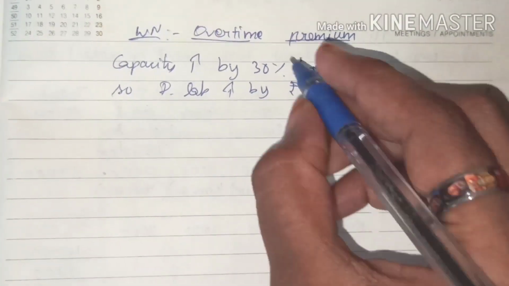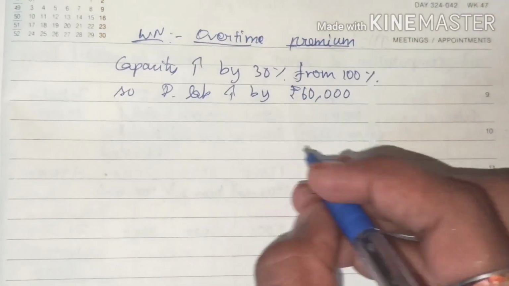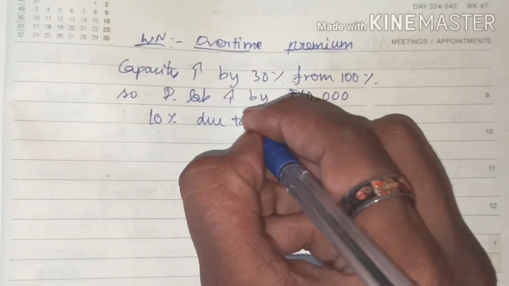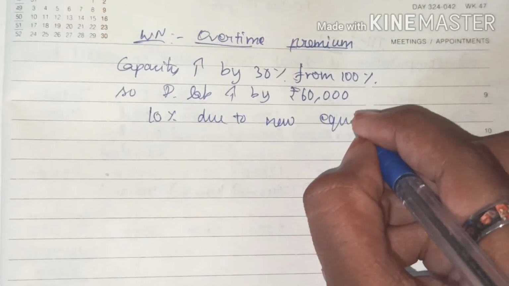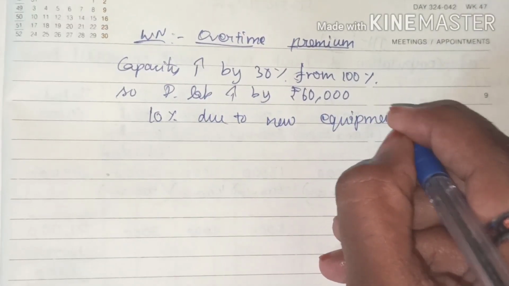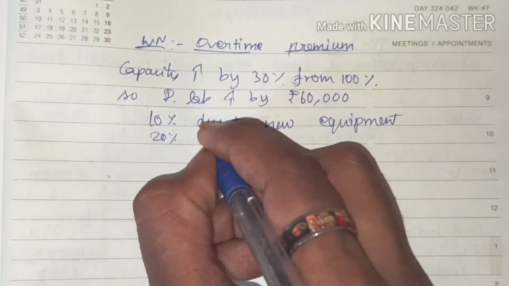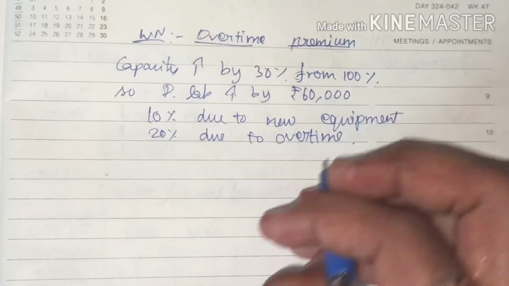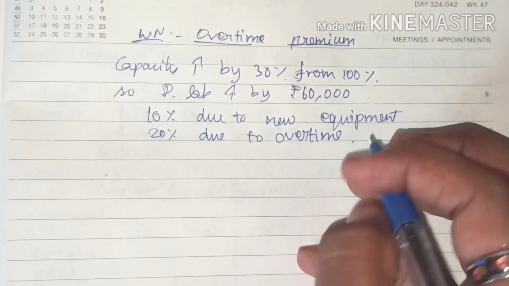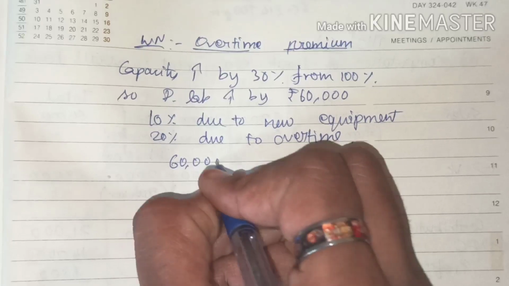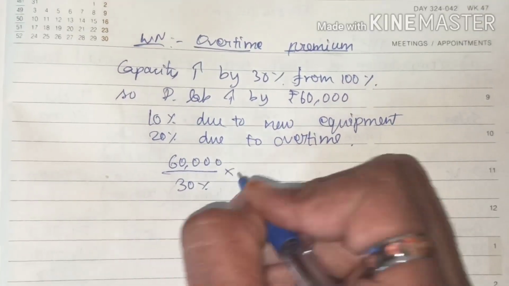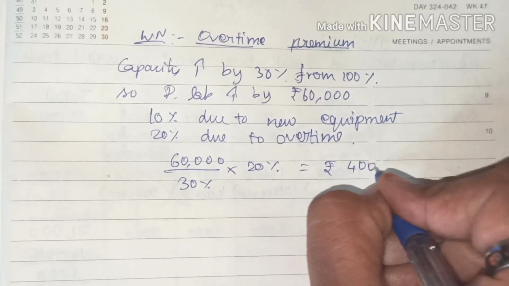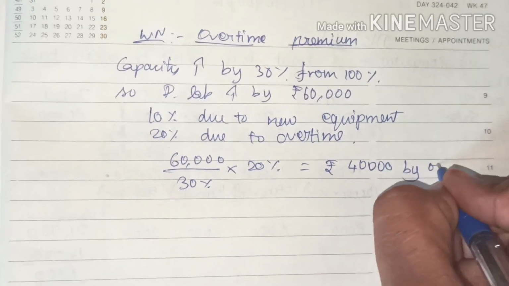So from this 30 percentage, 10 percentage is due to new equipment, and 20 percentage is due to overtime. So we have to calculate for overtime, that is 60,000 divided by 30 percentage into 20 percentage, and for 20 percentage it will come 40,000 by overtime.